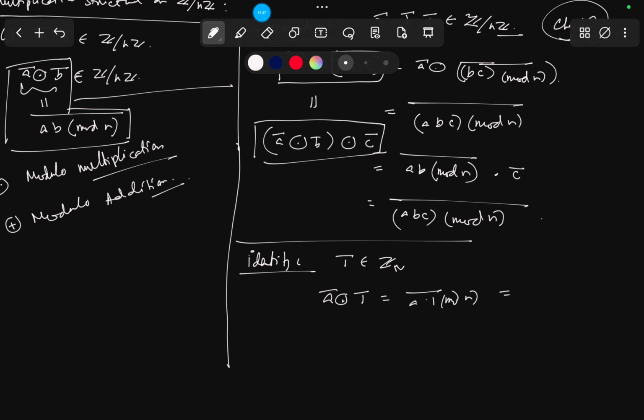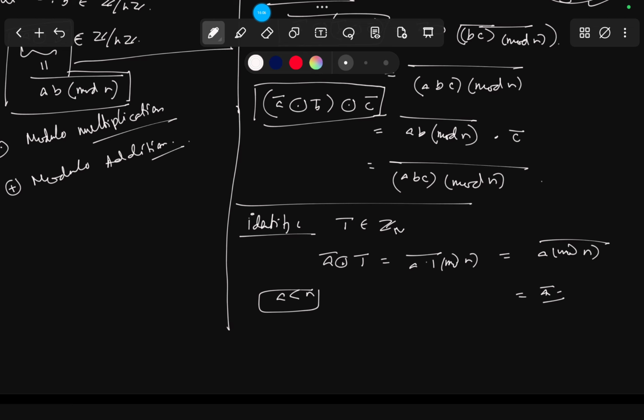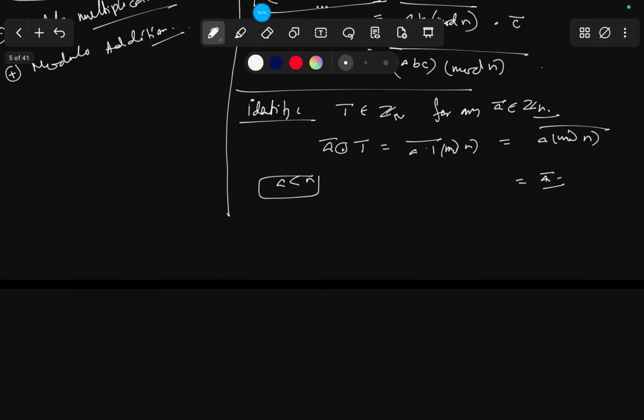So it's the same as a mod n bar. Since we have chosen a bar from that set, you can assume that a is less than n, so it is the same as your a bar. This is true for any a bar belonging to Z mod nZ. That's why it is the identity element.